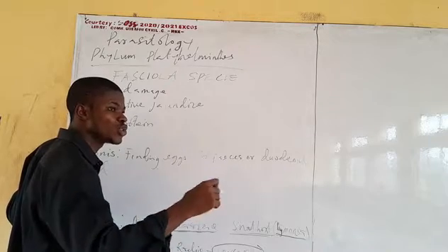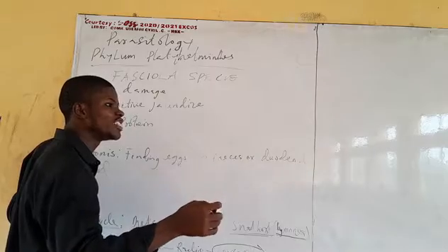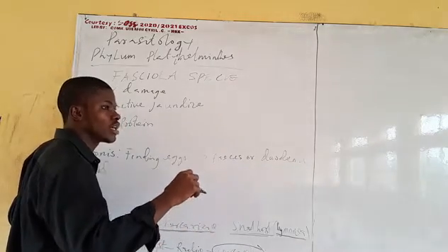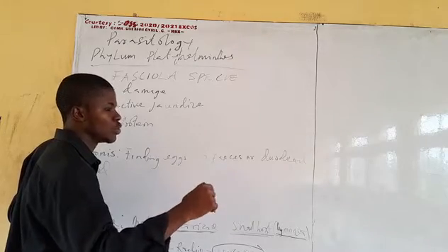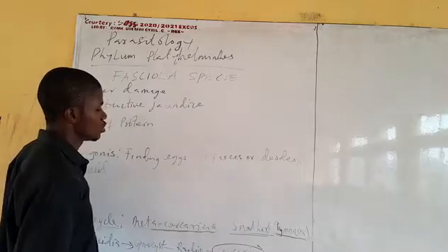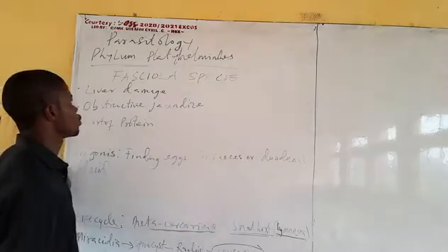When the feces is passed into water, within 9 to 15 days the egg hatches into the miracidium, and it starts looking for the intermediate host to give rise to cercaria again, and the cycle continues.